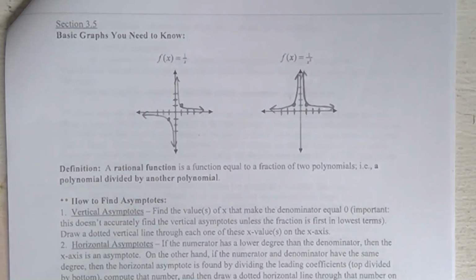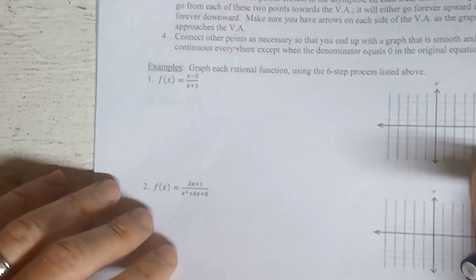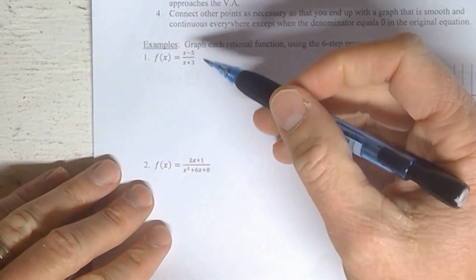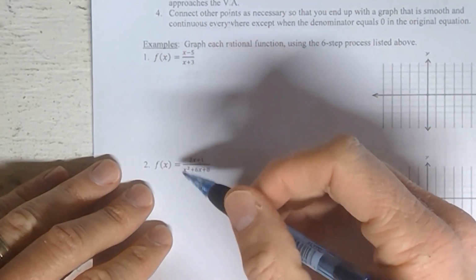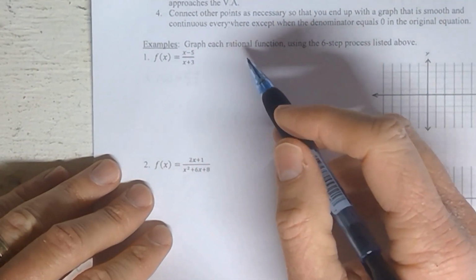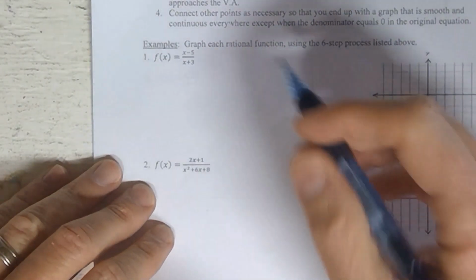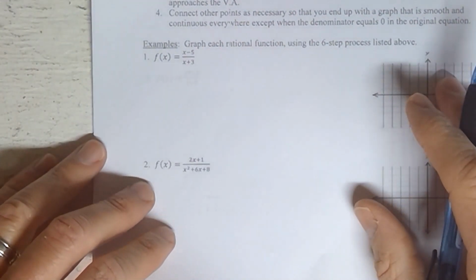Here's what we're going to be doing. Let me just look at some of the problems, give you a visual of what we're looking at here. If you look at the first couple problems along with the ones after that, you'll see that the function is equal to a fraction. That's why they call it a rational function. Usually the word rational is a reference to a fraction.